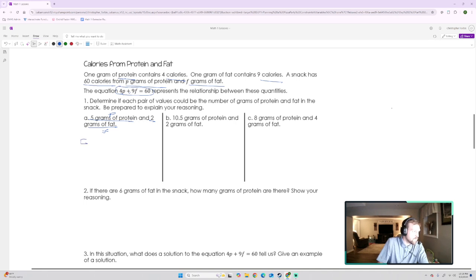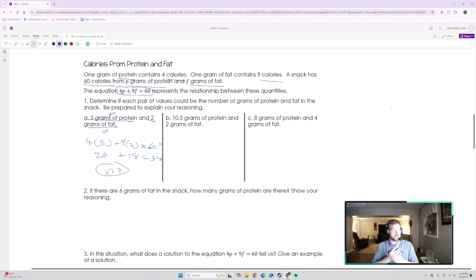Oops, that's supposed to be a 4. Remember, the equation's 4P plus 9F. So 4, and in this case P is 5, plus 9, and in this case F is 2. Does that equal 60? Alright. Well, it's 20 plus 18, which equals 38. So this does not work. This is a no.